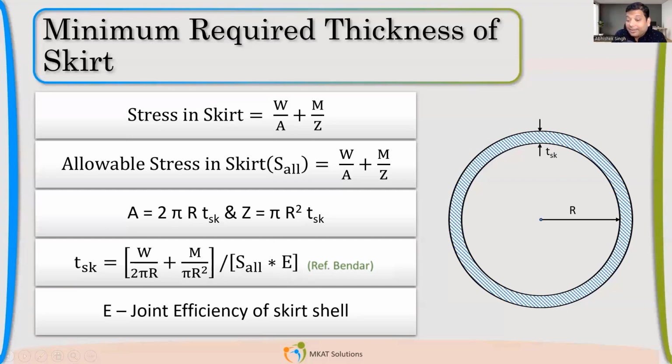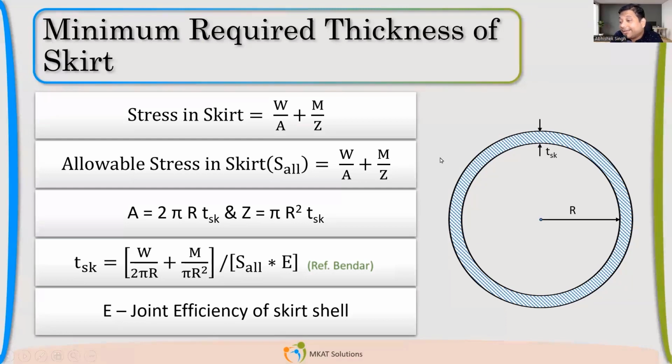Now coming back to the original question, if this equation can be written like this, why don't we calculate the thickness of the skirt, and why do we do the combination instead? We just check the stresses rather than finding the thickness for the skirt. What is the reason? What might be the logic behind that?